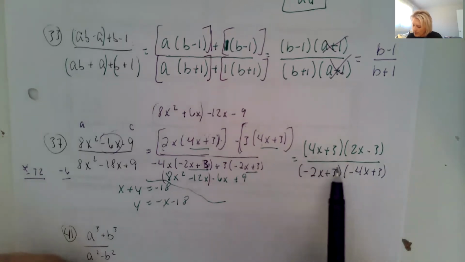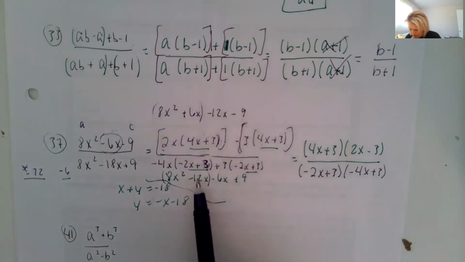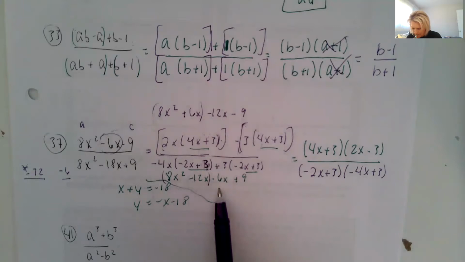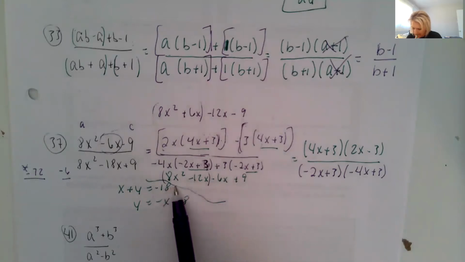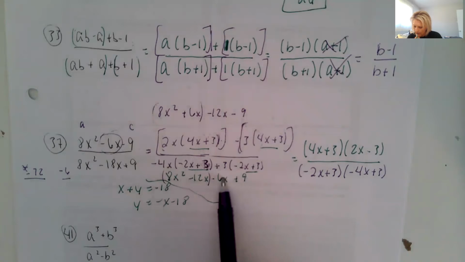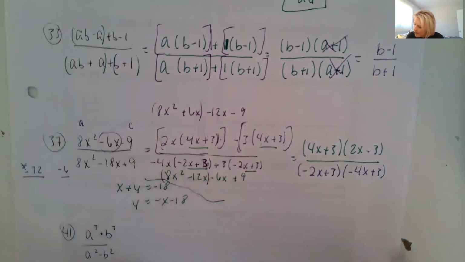So those are not going to cancel. Oh, wait, that should be a negative 4 comes out and it's a positive. So it's going to be positive. That's going to be negative. Okay.